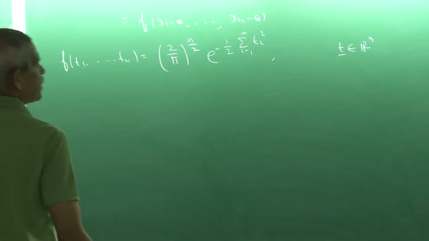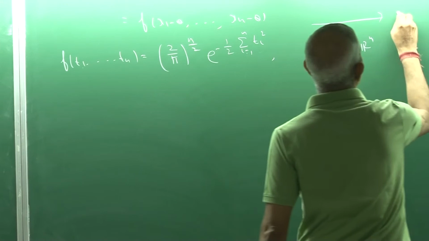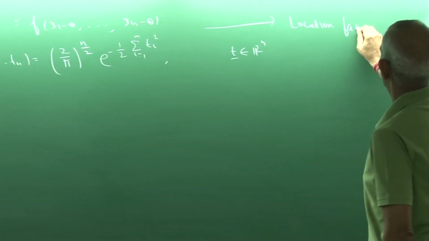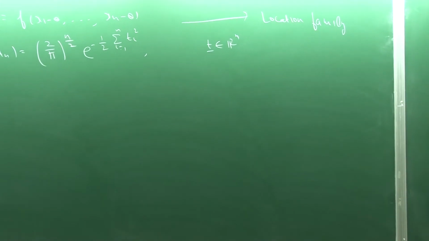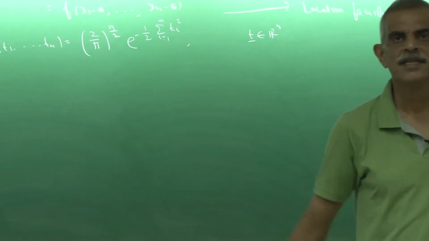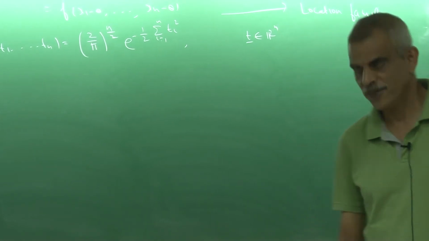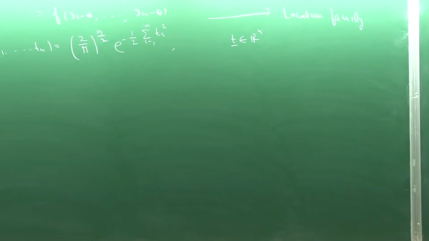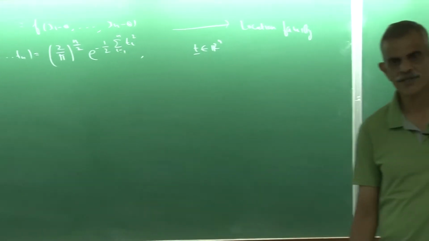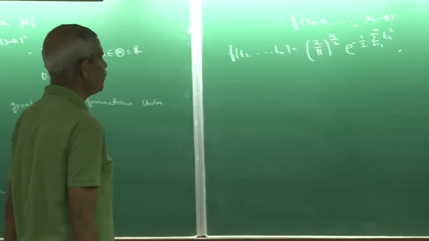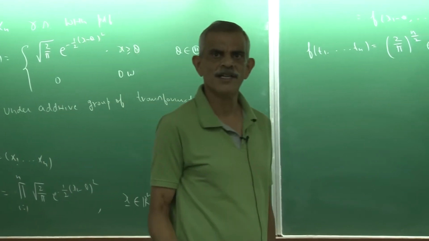So this is certainly a location family. My problem is invariant under the additive group. I know what my group of transformations G bar is and what is the induced group of transformations on the Xn space. Under such a situation, I know what MRIE is.